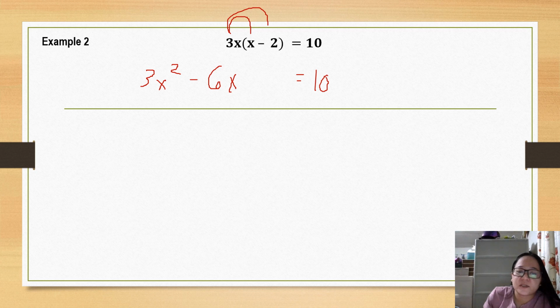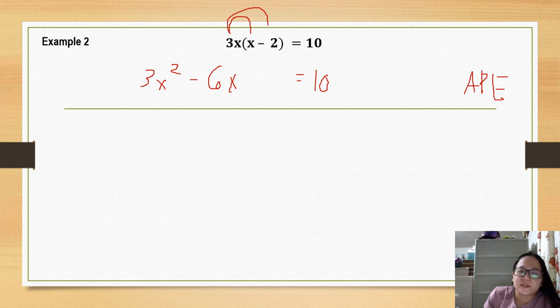You can use transposition to move all terms to the left side of the equation, or apply the addition property of equality. How do we apply the addition property of equality?